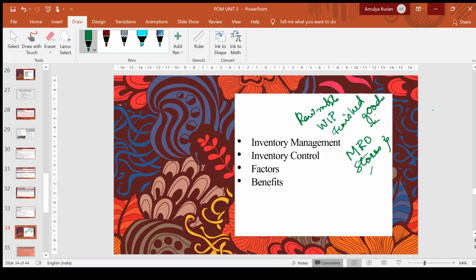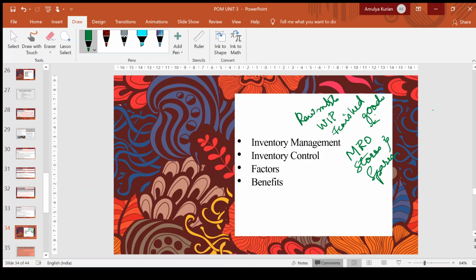These are the things which are included in inventory. So, what do you mean by inventory management? Inventory management means the maintenance and proper checking of all this inventory which is being used.